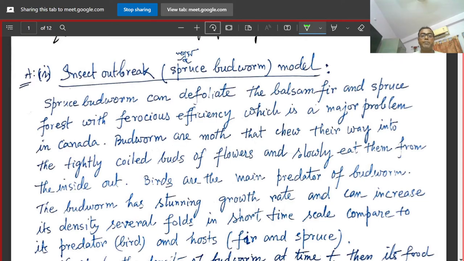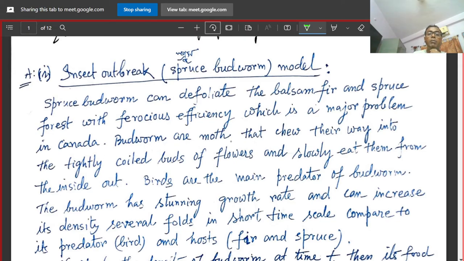Defoliate means destroy the fir tree and spruce forest with ferocious efficiency, which is the major problem in Canada.